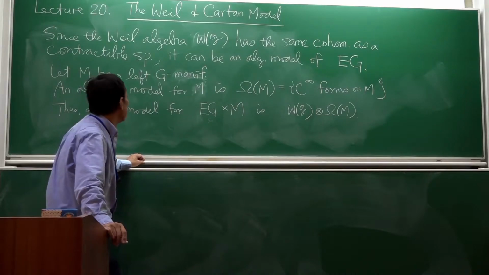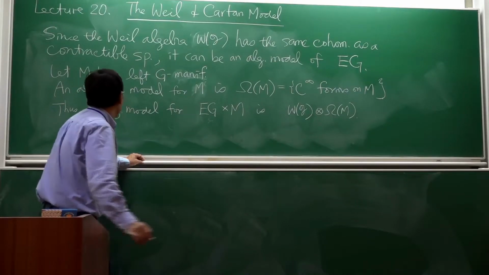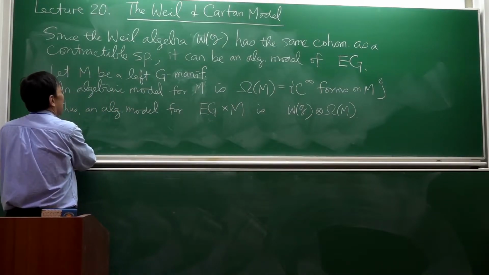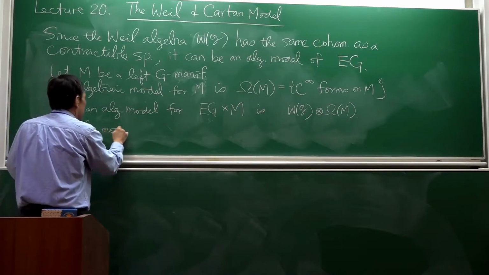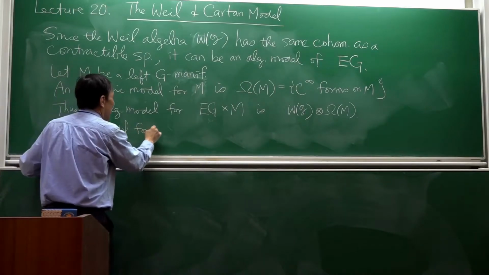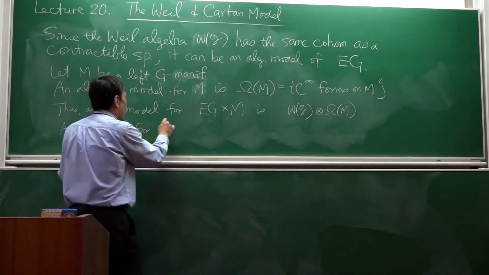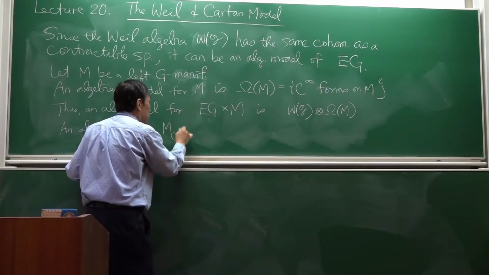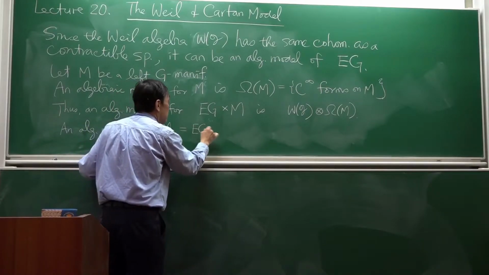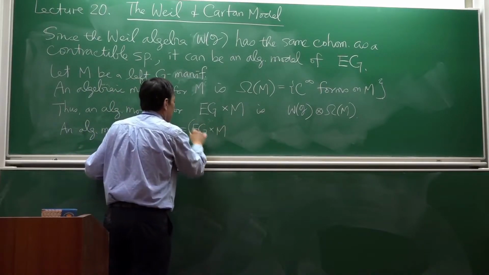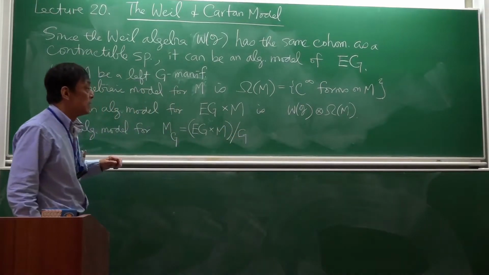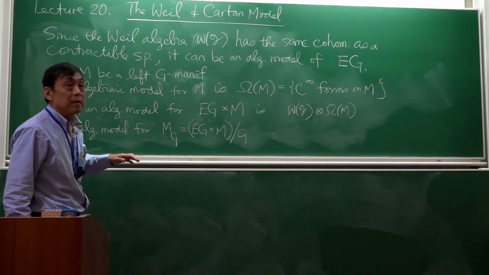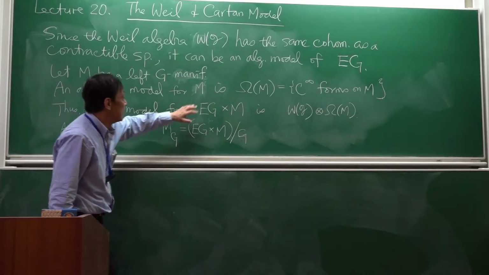And then an algebraic model for the homotopy quotient, which is EG cross M divided by the diagonal action. It's the base of this.